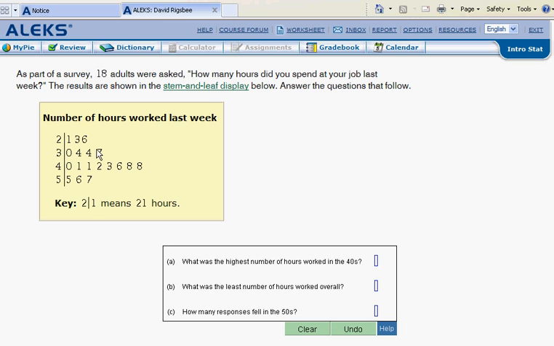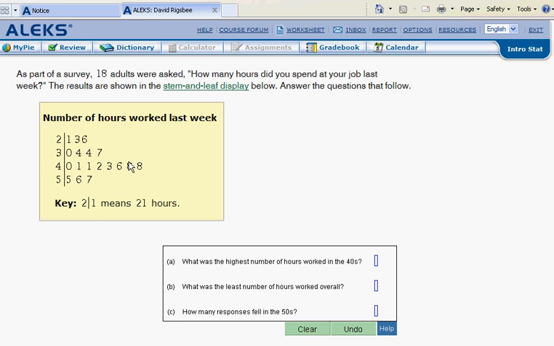So it's basically a list of numbers, but by plotting it the way they have, it allows us to quickly look at these groups of numbers here, kind of like a sideways bar graph or a sideways frequency distribution. You can begin to see that there's a lot of numbers here in the 40s and so on.